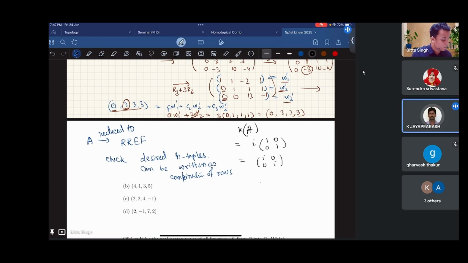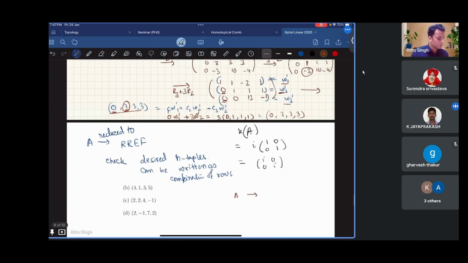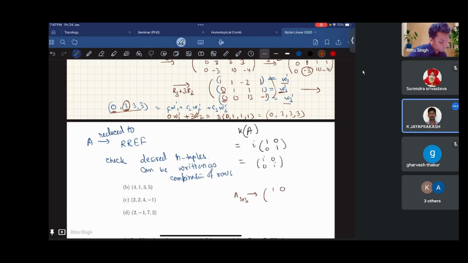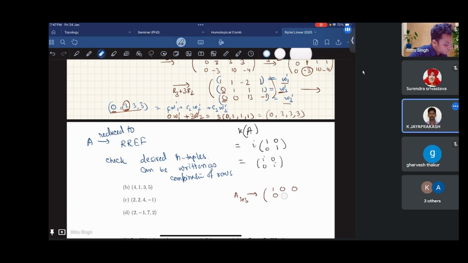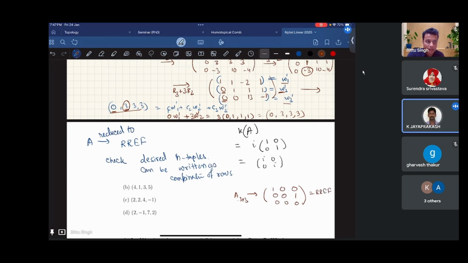So for example, suppose A is a 3 by 3 matrix, and after some row operations A is reduced to this row reduced echelon form: 1 0 0, 0 1 0, 0 0 0.